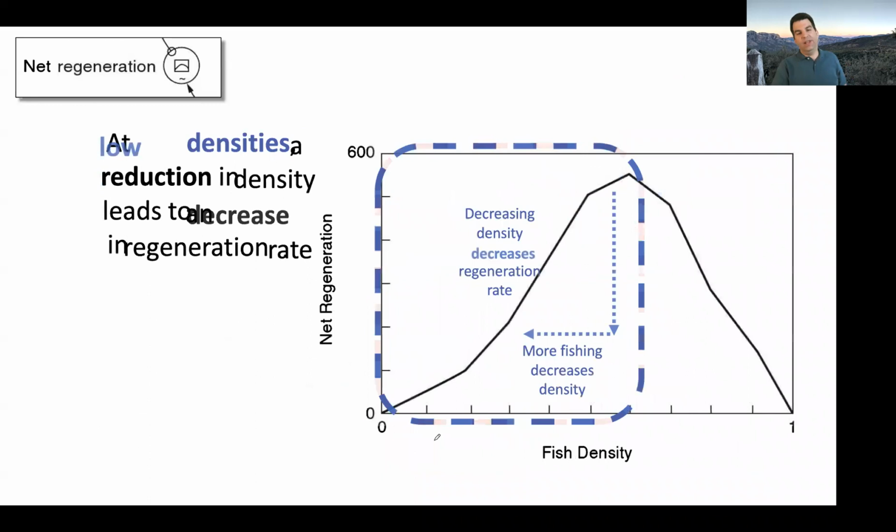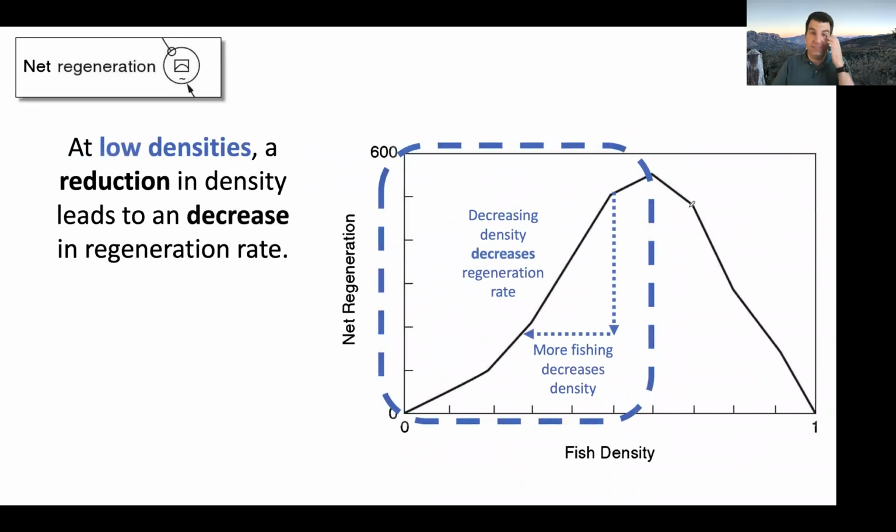But there is a point at low densities where you get the opposite thing happening. You start out at this density here, and you're regenerating at this rate here. If you were to fish, you're going to take fish out of the fishery, moving you to a lower density.